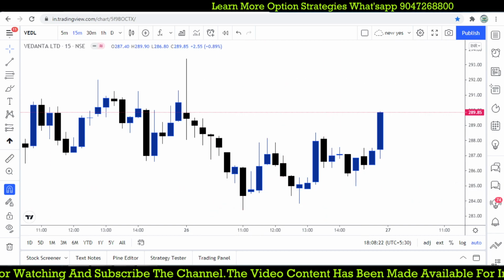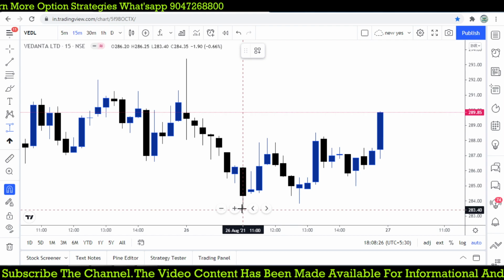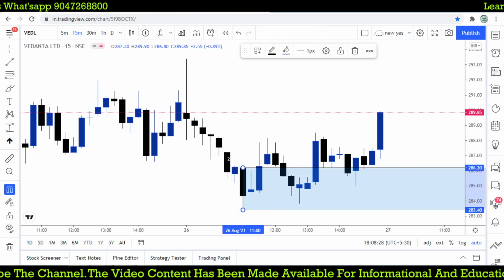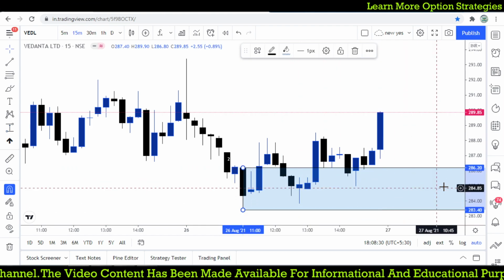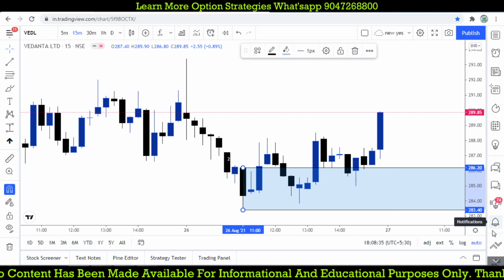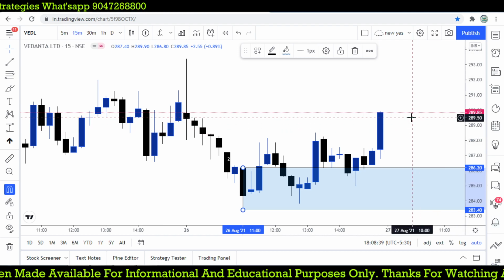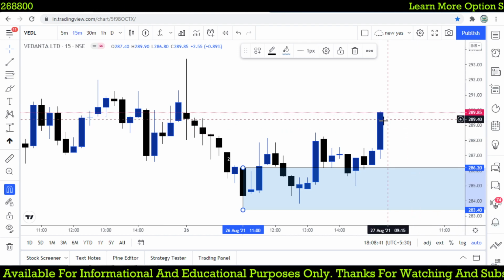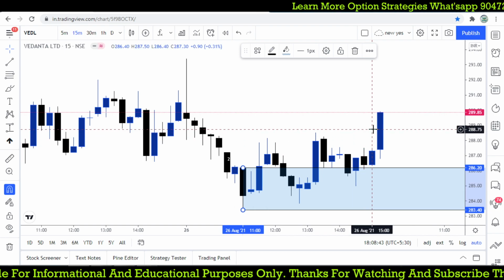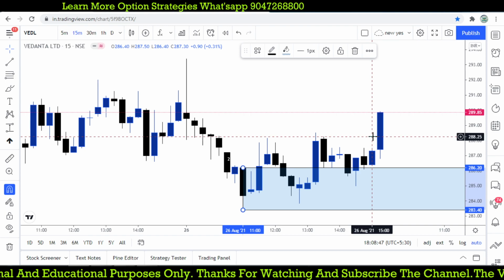So what is the risk reward ratio for this kind of candlestick pattern? We find the risk is from 286.2 to 283, almost 3.2 rupees, and the market moves towards 289.85. So this did not give your target, but it gives you profit.